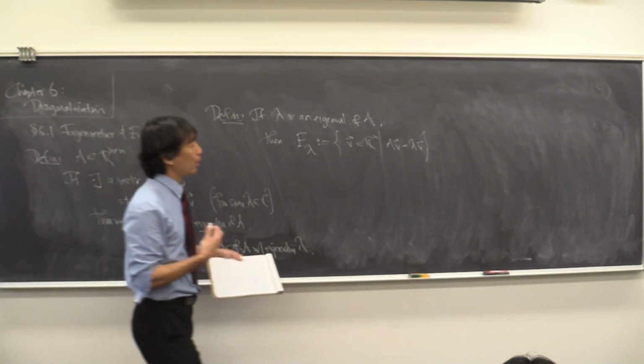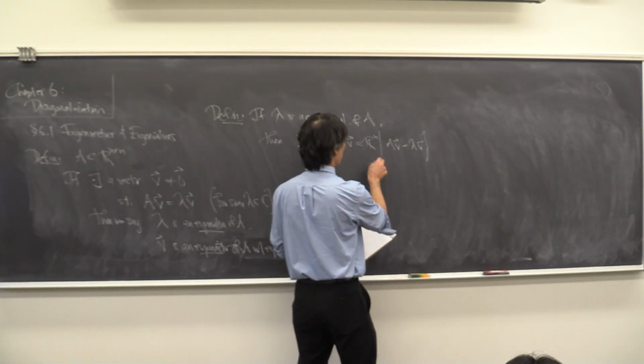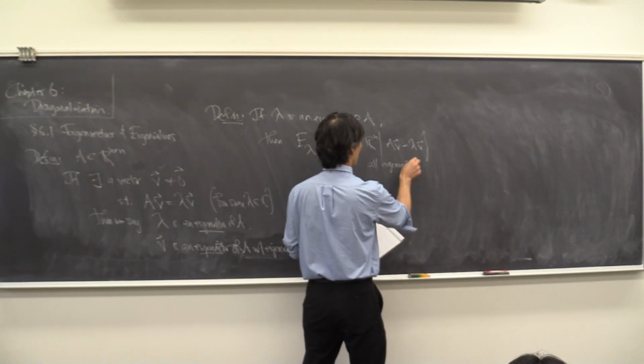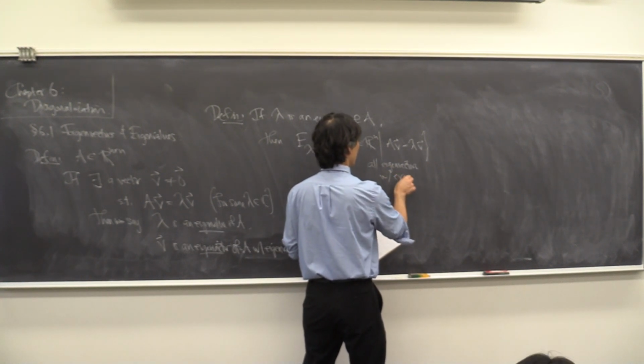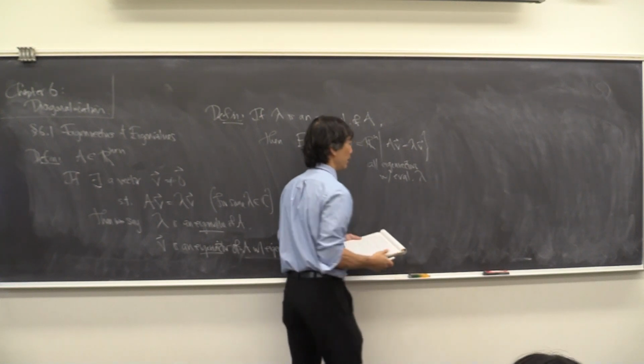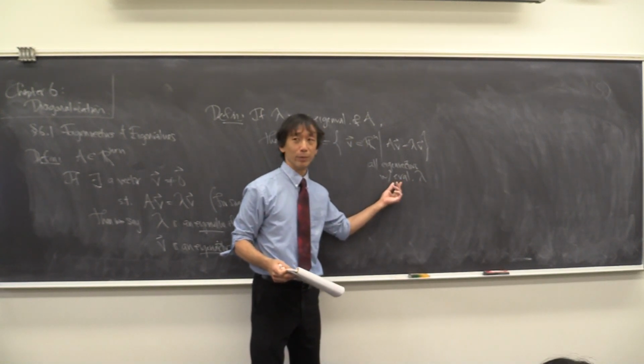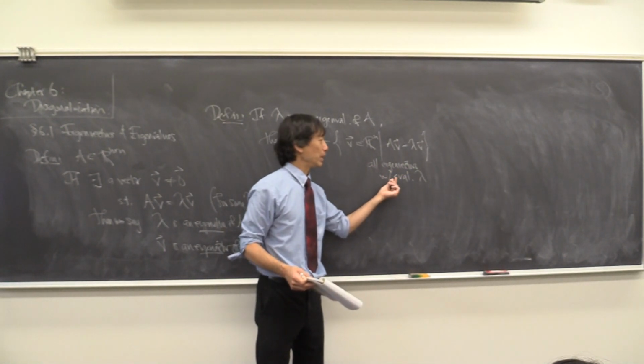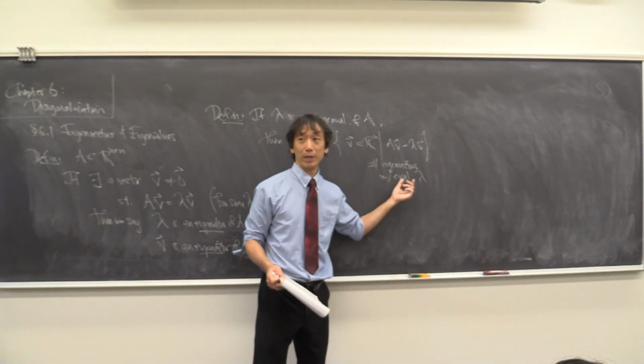So that's all the eigenvectors with eigenvalue lambda, and I often just abbreviate it as evec or eval. That's eigenvector and eigenvalue.